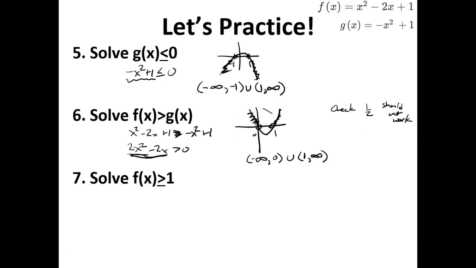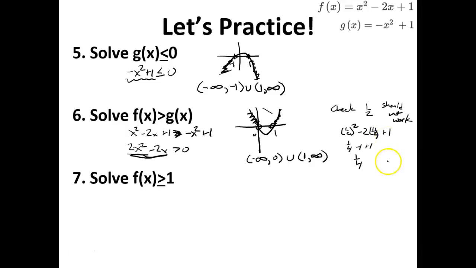Well, let's see. If we take 1/2 squared minus 2 times 1/2 plus 1, we'd have a fourth, minus 1 plus 1, which is a fourth.